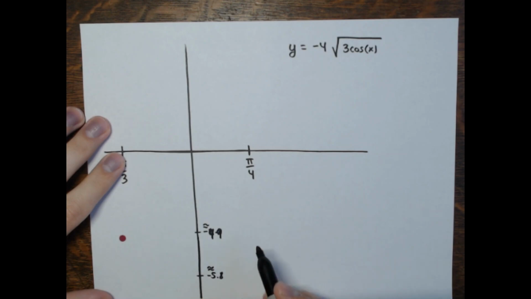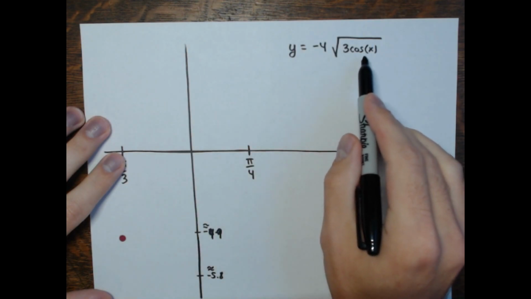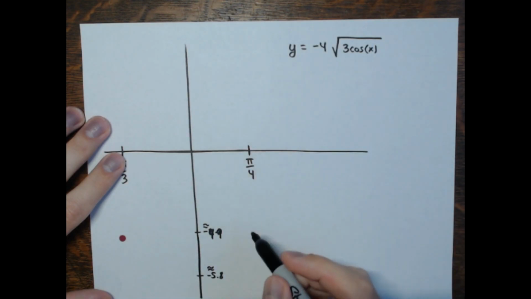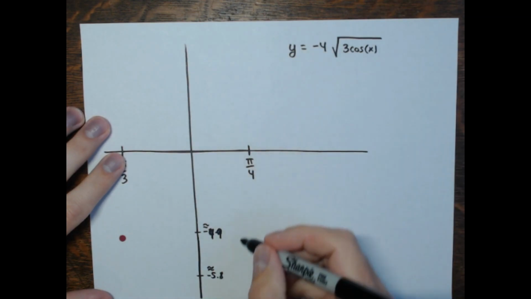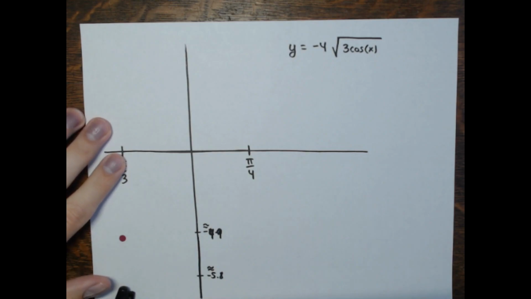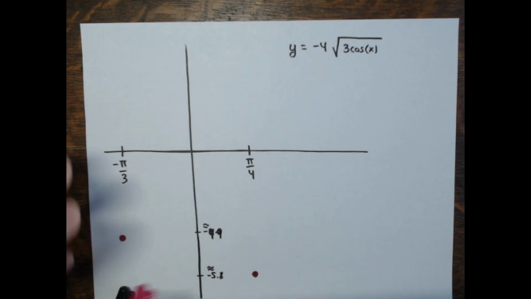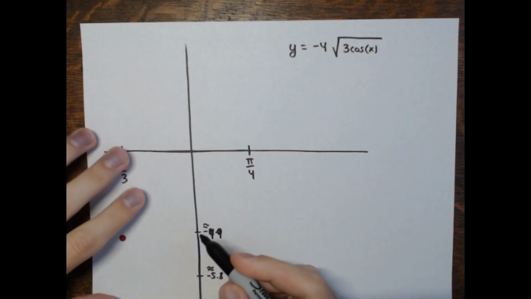I plug in pi/4, right, 3 root 2 over 2. So it's times -4, and then the square root of 3 root 2 over 2, and then times -4, about -5.8. So this point down here, and at 0, it's -6.9.